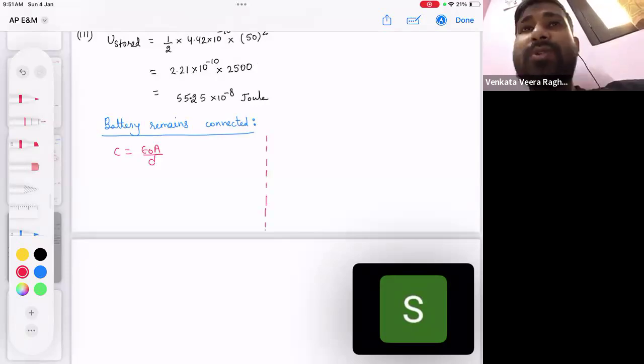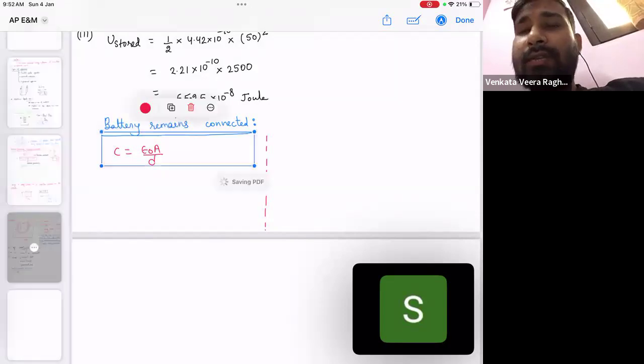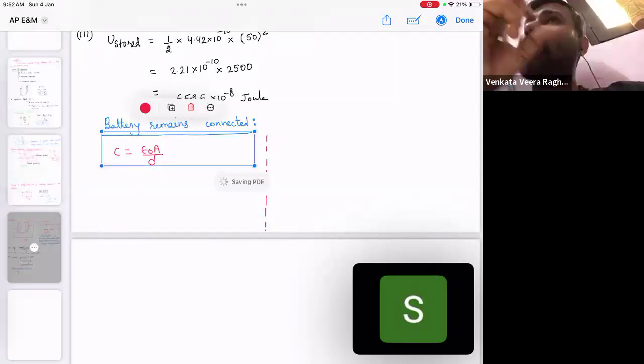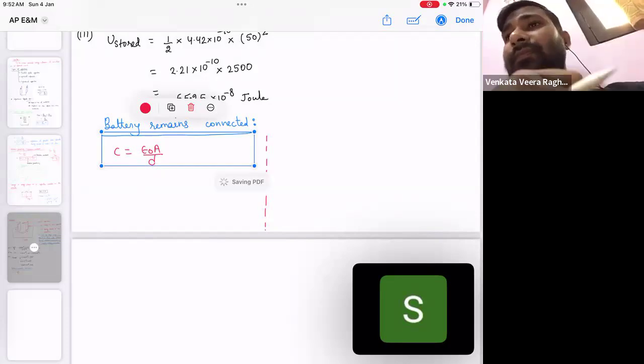And on the other side, I am going to write the value after the dielectric is introduced. One side of the table, we have before the dielectric is introduced: what are the capacitance, what is the field, all these things. Second side, we have after the dielectric is introduced: what are these values?